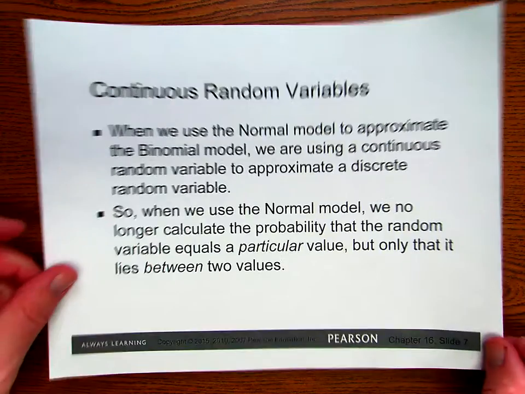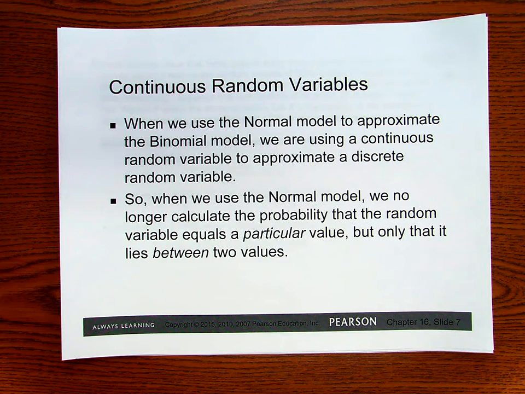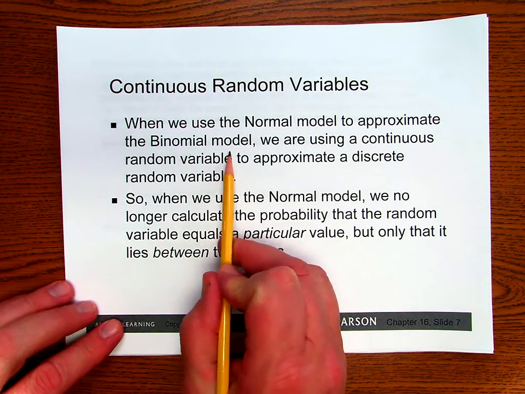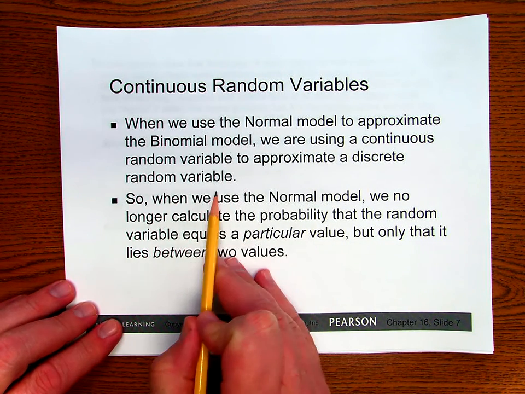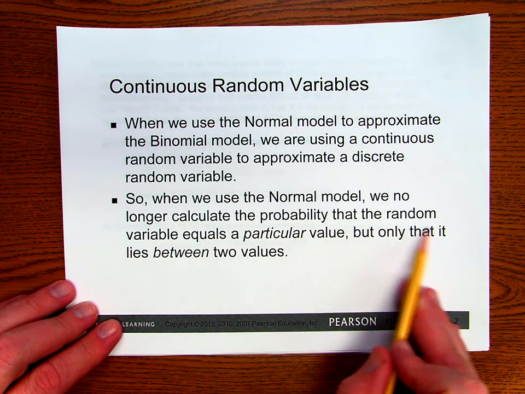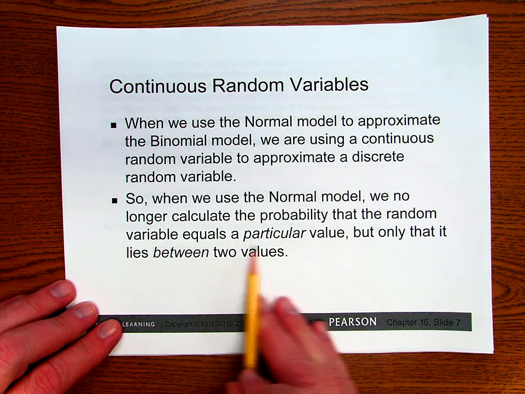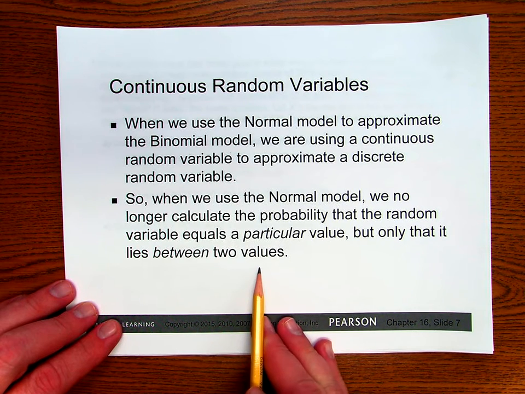All right, wrapping up the comparison here. When we use the normal model to approximate the binomial model, we're using a continuous random variable to approximate a discrete random variable. So when we use the normal model, we no longer calculate the probability that a random variable equals a particular value, but only that it lies between two values.